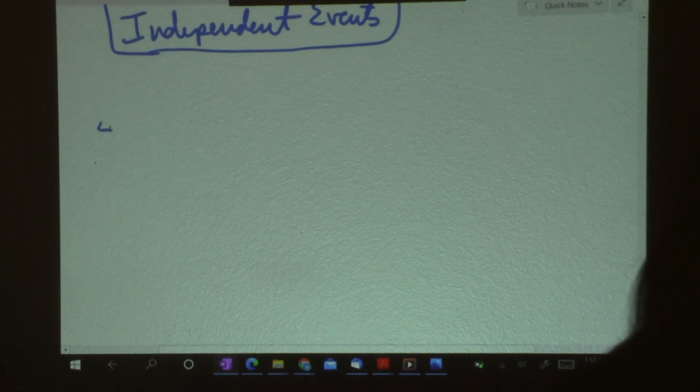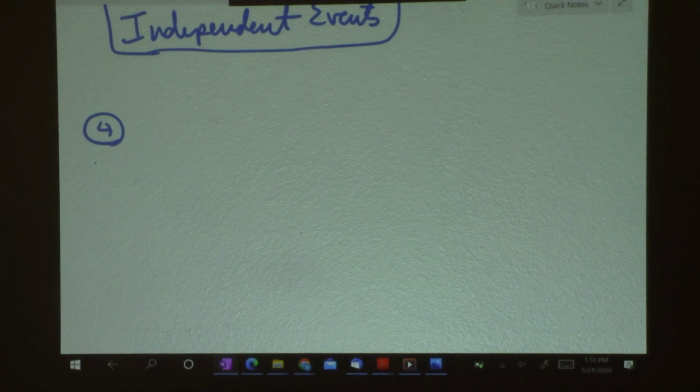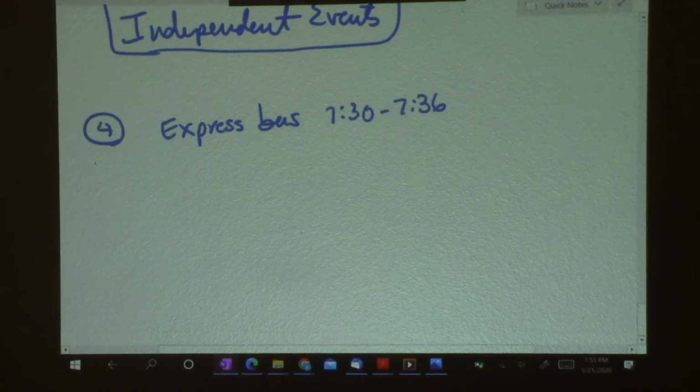Okay, number 4. I'm going to read you a problem, and then we're going to talk about it. You take a city bus from your neighborhood to a location within walking distance of your school. The express bus arrives between 7:30 and 7:36. The local bus arrives at your neighborhood between 7:30 and 7:40.